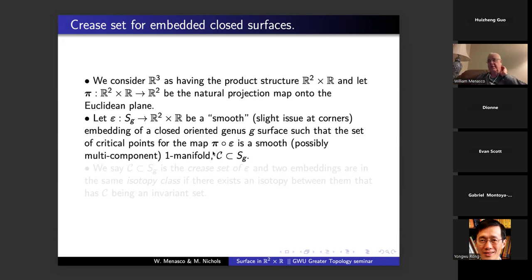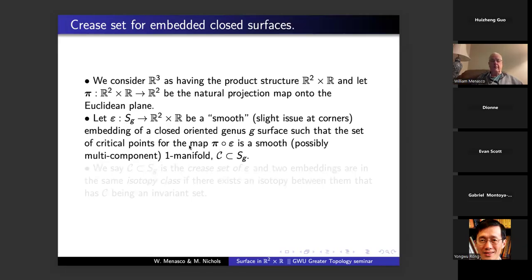The critical points are where points are not regular. A regular point is where you look at this smooth surface with its smooth structure, look at the tangent plane in R2 cross R, and then project it down onto R2.